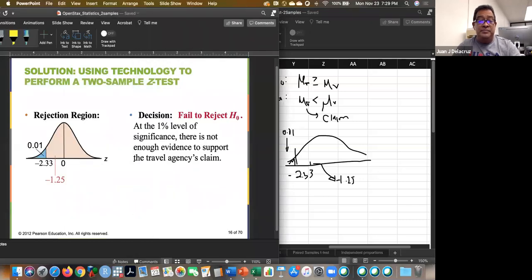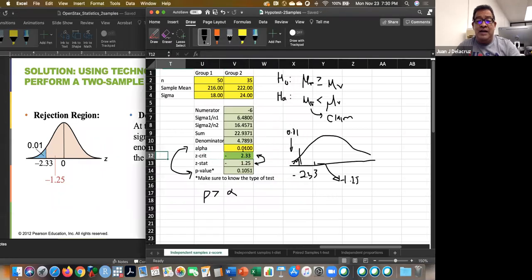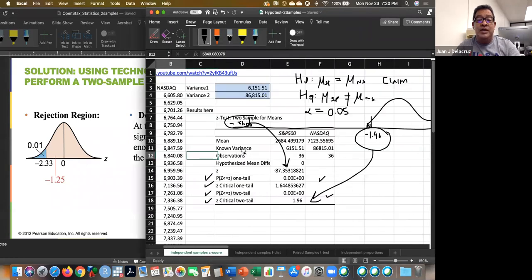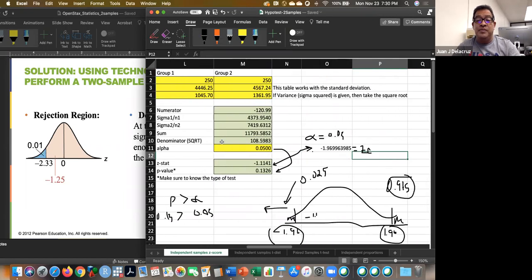So in this case, 1.25 versus 2.33, so we fail to reject. As I said before, if you have the data, you can do it as well. So we have the Z and the p-values, so we can very easily determine if we have the data versus we have the values only, okay?